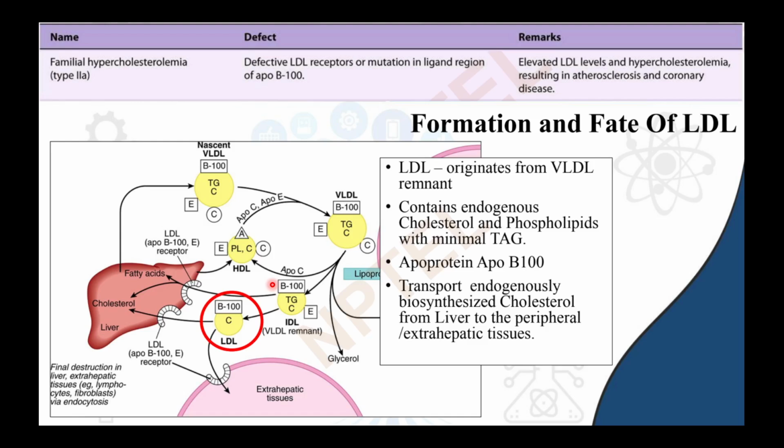When all the triacylglycerols are metabolized, only mainly cholesterol and some amount of phospholipids are present in LDL, and it also contains ApoB100 because it is coming from VLDL, and VLDL has ApoB100 as integral lipoprotein. Then it functions in transporting endogenously biosynthesized cholesterol from liver to the peripheral or extrahepatic tissue, as I mentioned.